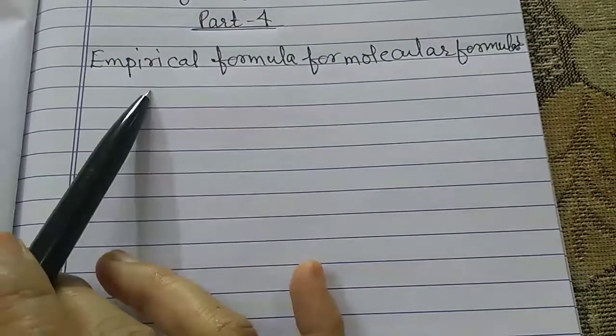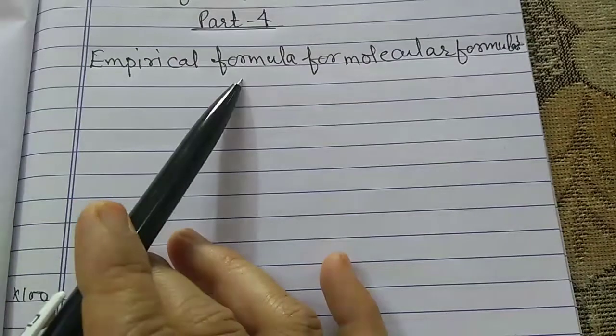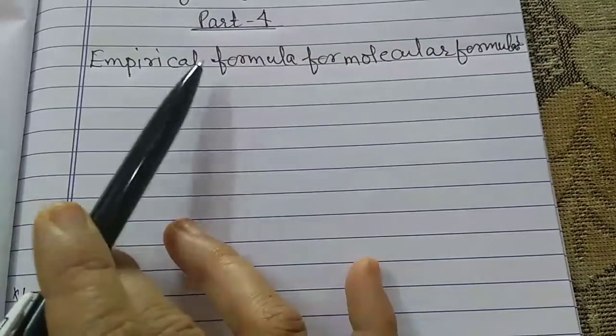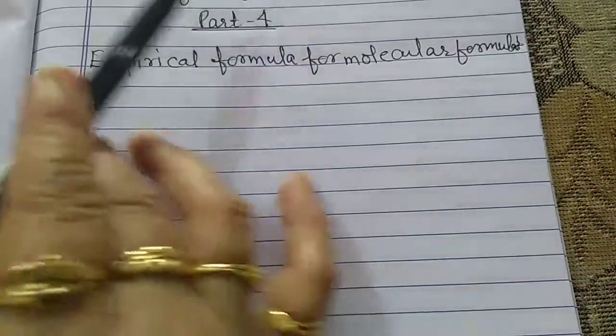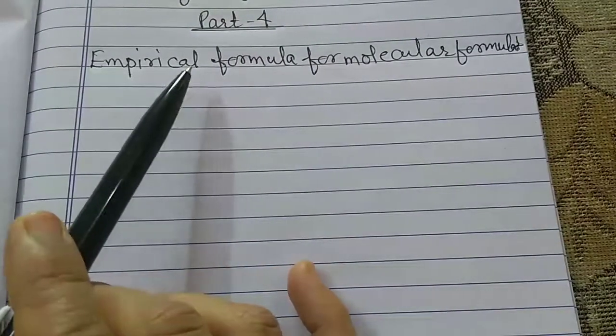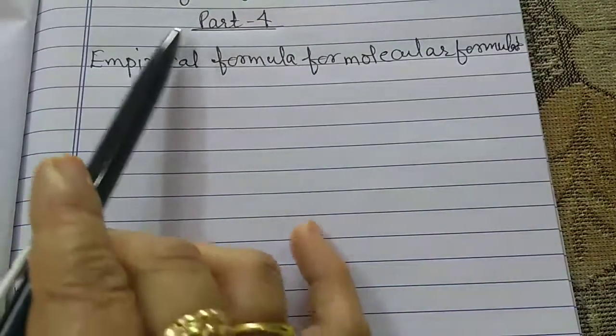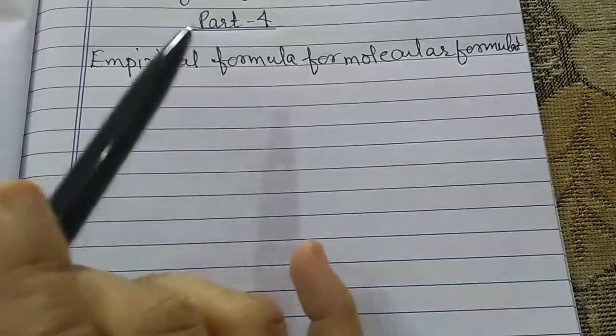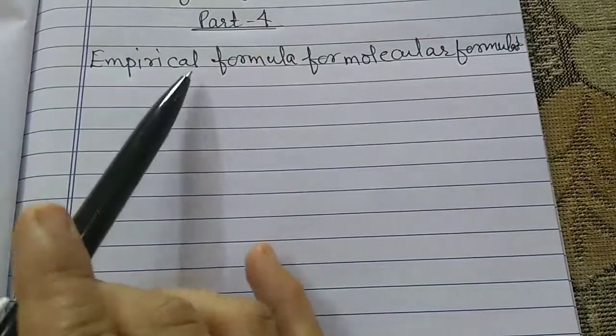An empirical formula represents the simplest whole number ratio of various atoms. It represents the whole number ratio of the various atoms present in the compound.